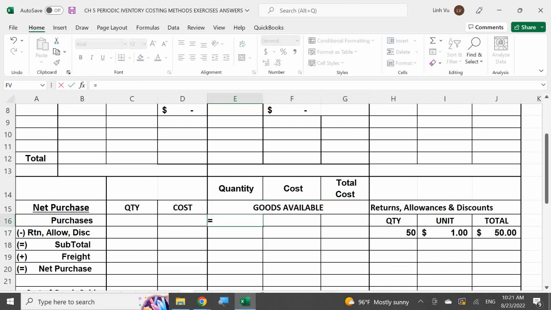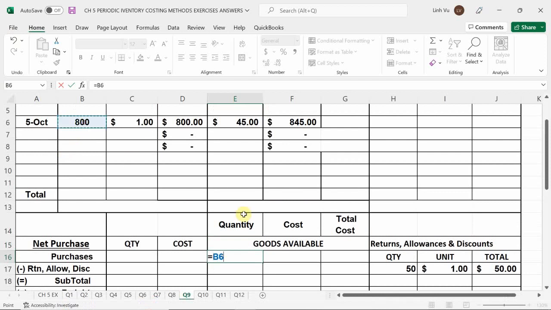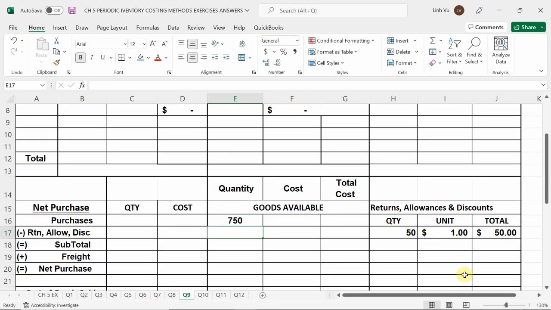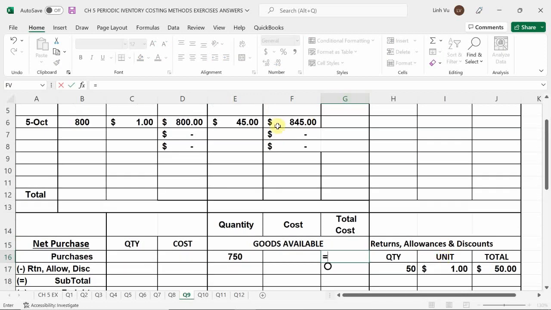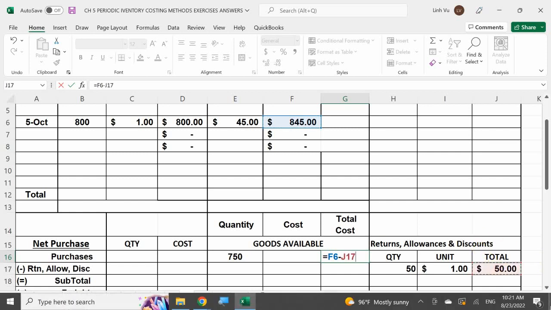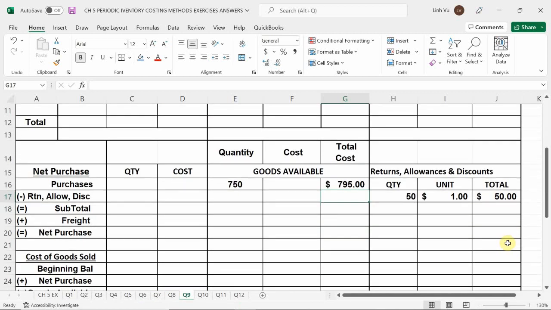But for this instance, we know for a fact that we purchased 800 but end up returning 50 units. So I'm at 750, and therefore, because I end up getting a refund, I had $845. Now I got a $50 refund, so now I'm at $795. Okay? So again, we could do this for now, and I'm going to show you that you absolutely don't need to do this. Okay?